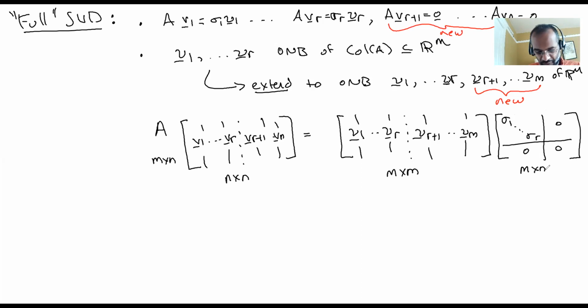Okay. Now, what is the point of doing this? This looks kind of silly. How are the padded vectors added? You use Gram-Schmidt, right? So let me just say these new vectors are an orthonormal basis of the column space of A perp.